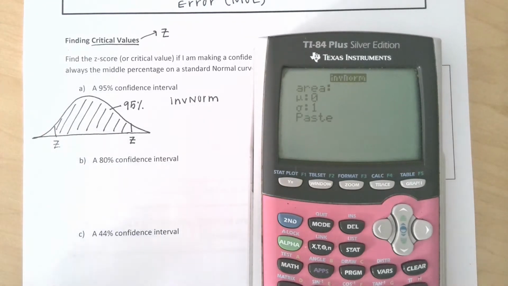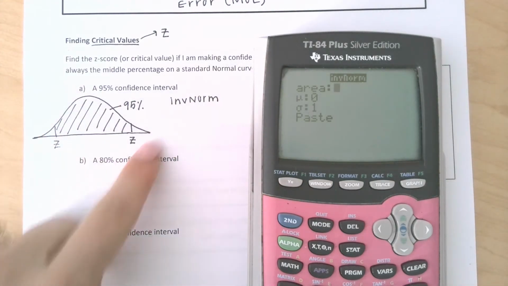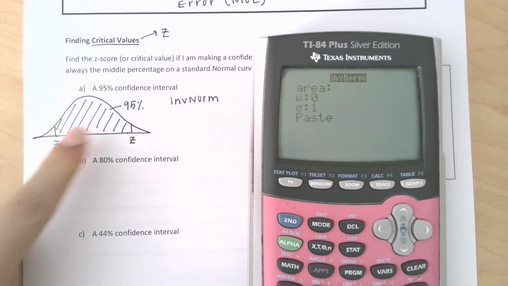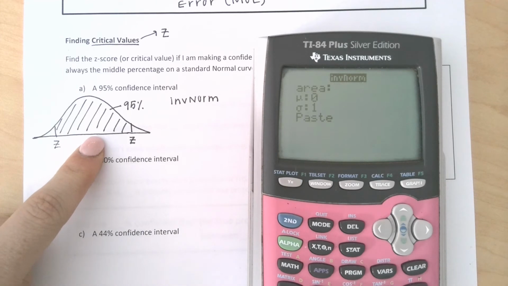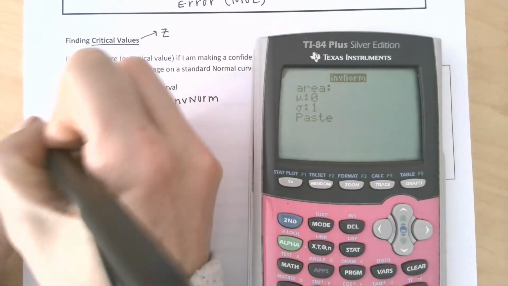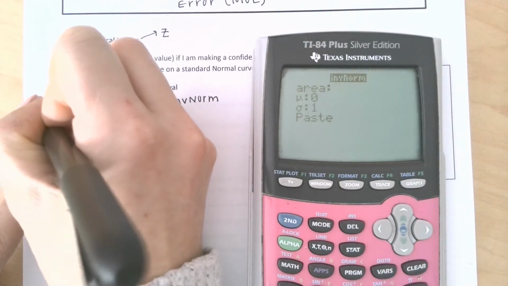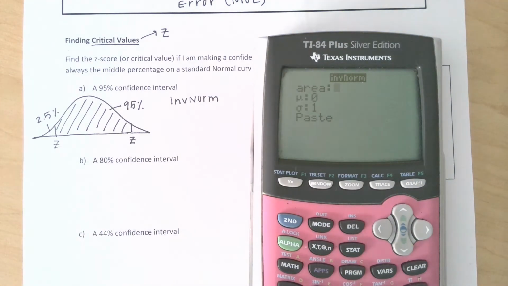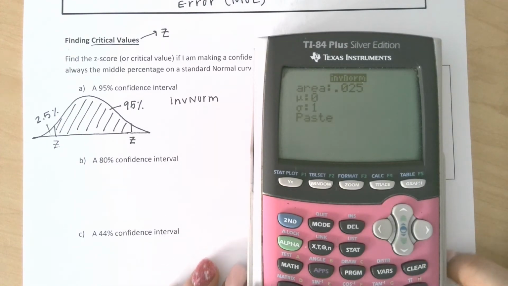My calculator can only do areas on the left. So if the total of this normal curve should be 100%, I already have 95 in the middle, which means I'm left with 5% left over in these two tails combined. So 5% divided by 2 gives me 2.5%. So my area then would be 0.025, and I can go down here to paste.